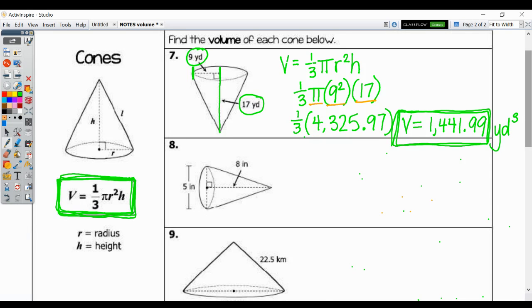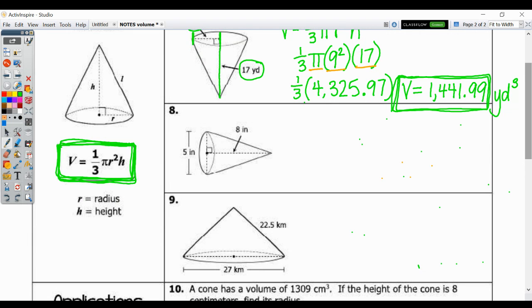Okay, let's do one more cone and then we'll be done. So let's look at number 8. This is a cone. So I'm going to write down the formula for volume of a cone. Volume equals 1/3 times pi times r squared times h. Okay, I'm going to bring down the 1/3. I'm going to bring down the pi because I'm just going to type the pi button in my calculator. Now I need to find the radius.